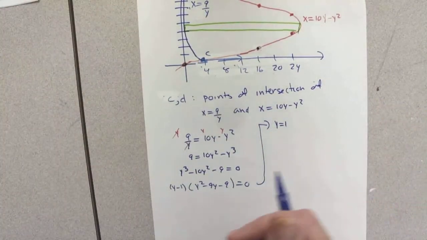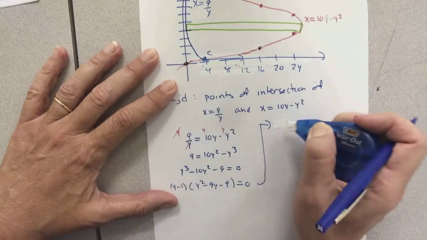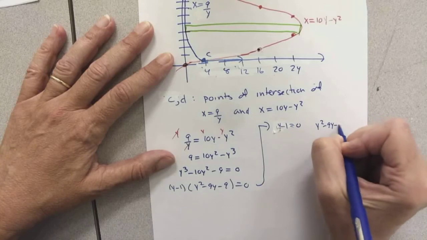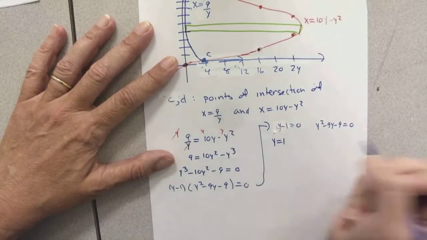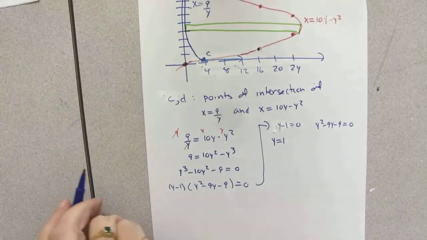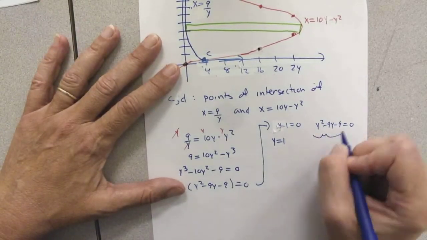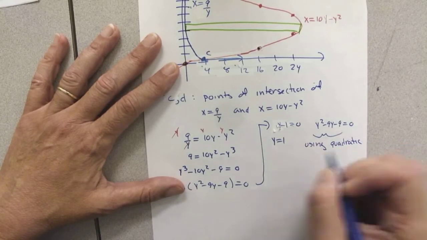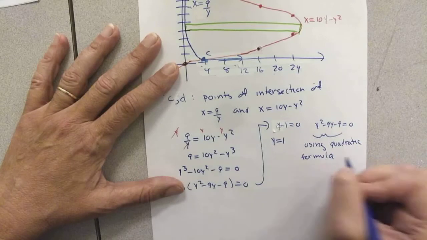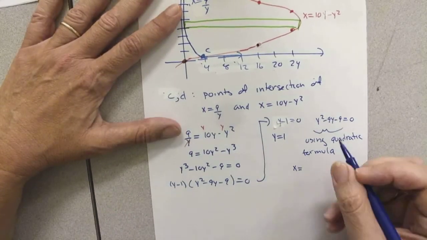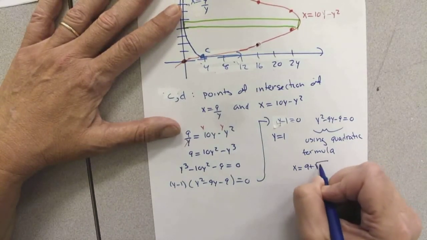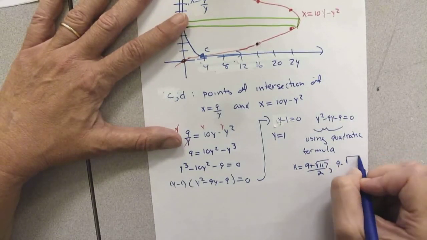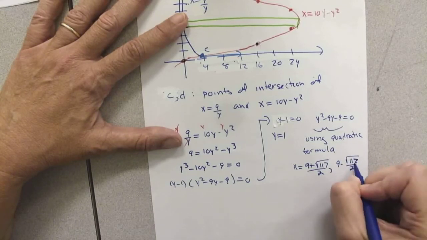And so I get y minus 1 equals 0, and y squared minus 9y minus 9 equals 0. So I get y equals 1, and then this guy, and I'm not going to show all the steps, but using the quadratic formula, you get y equals 9 plus the square root of 117 over 2, and 9 minus the square root of 117 over 2.